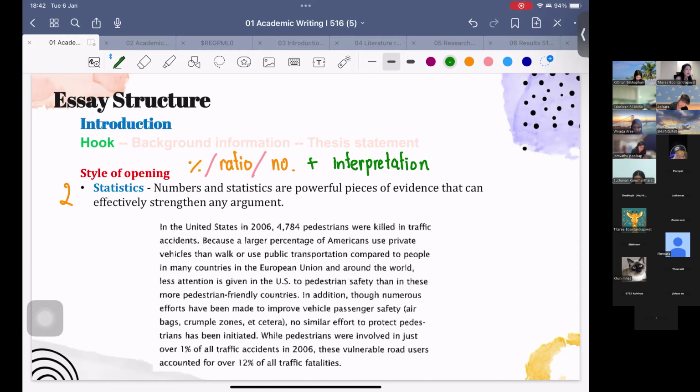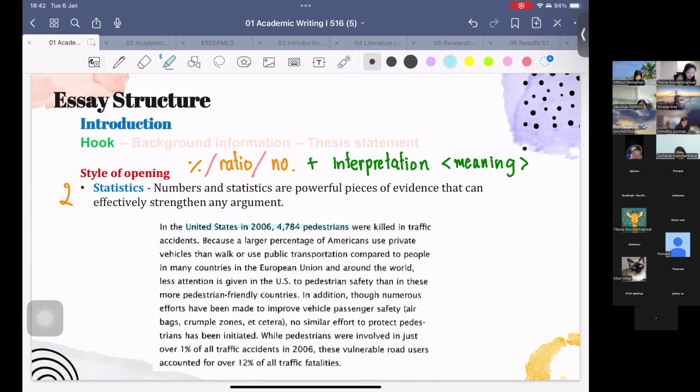Apart from providing the number, I would suggest talking about what it means as well. The reason I say this is because sometimes when you present a number, like in the US in 2006, 4,784 pedestrians were killed in traffic accidents.